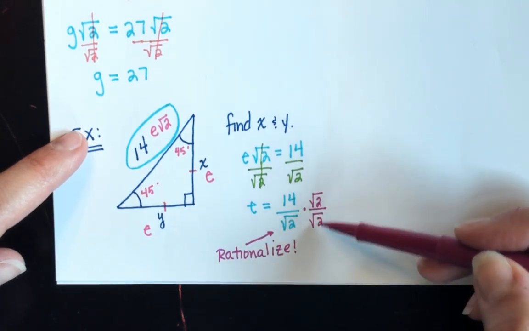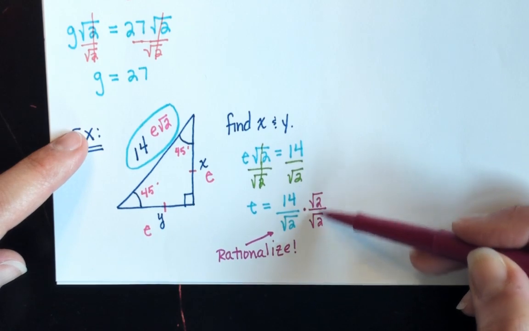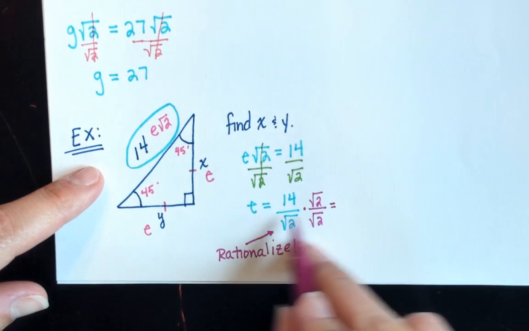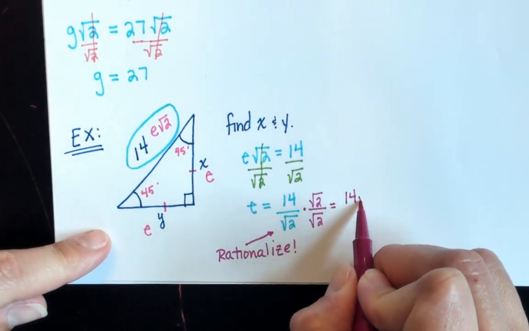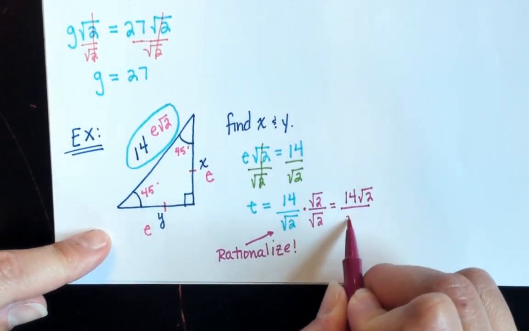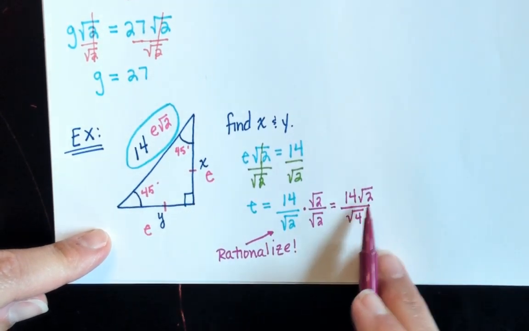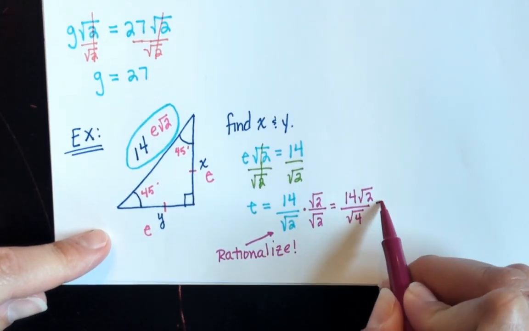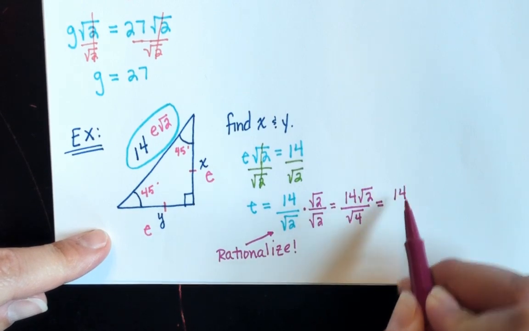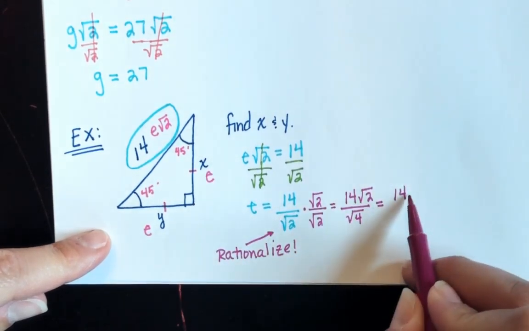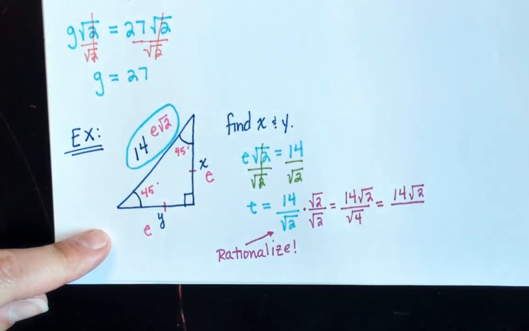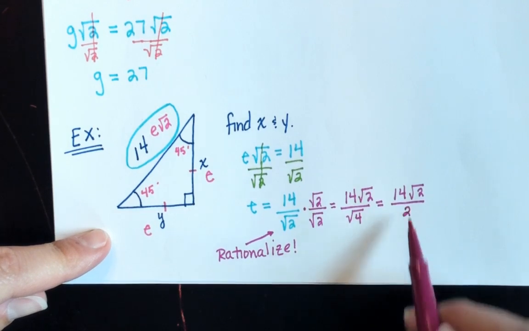This is the number 1, so anything times 1 will remain itself. So we're going to multiply straight across, and we end up with 14 radical 2 over the square root of 4. So notice that our radical 2, which was in the bottom, has now appeared up top. Our 14, which was the numerator, and radical 2, which was the denominator, are now both up top, and the square root of 4 is 2.